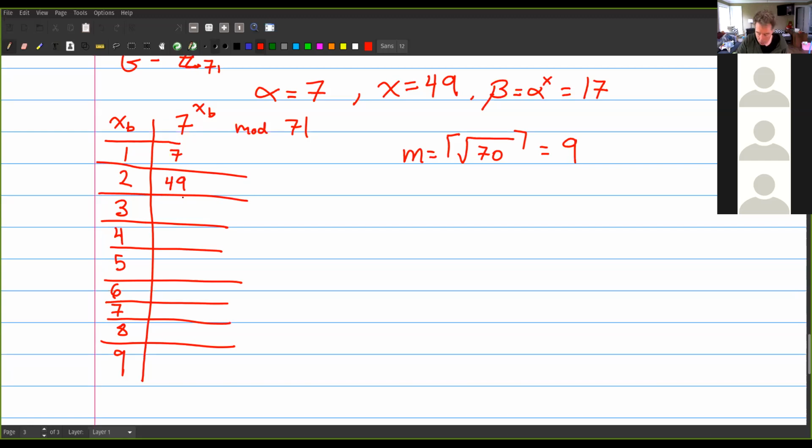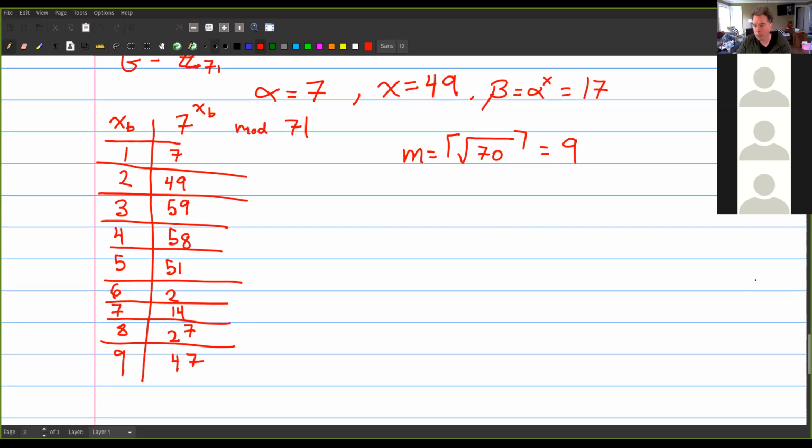And then using a calculator, I found these other values. They are 59, 58, 51, 2, 14, 27, and 47.